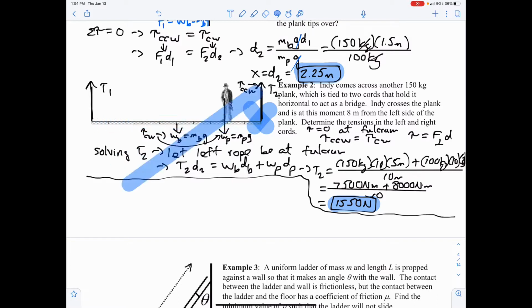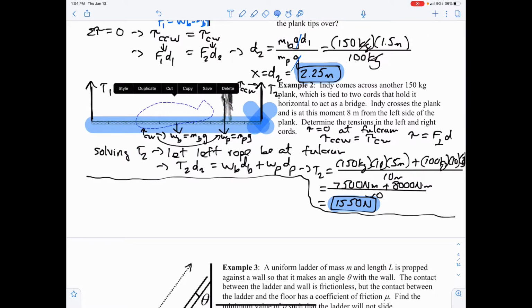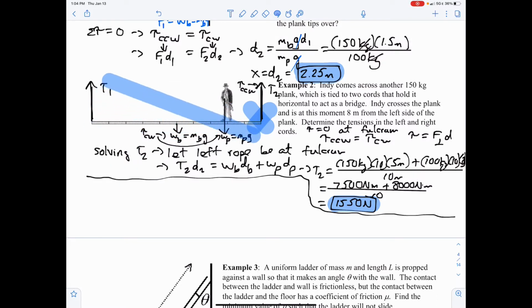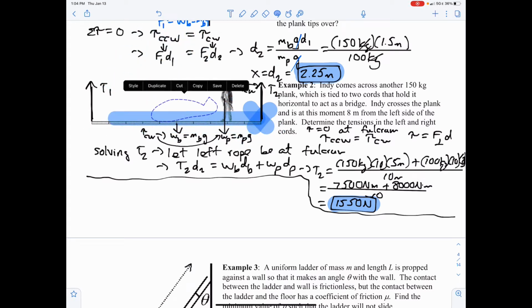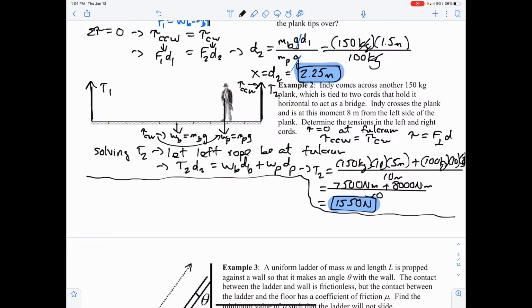But you can see that T1 on the left-hand side is going up. That would cause clockwise rotation. So we have 2 counterclockwise torques and 1 clockwise torque. Make a note of that.